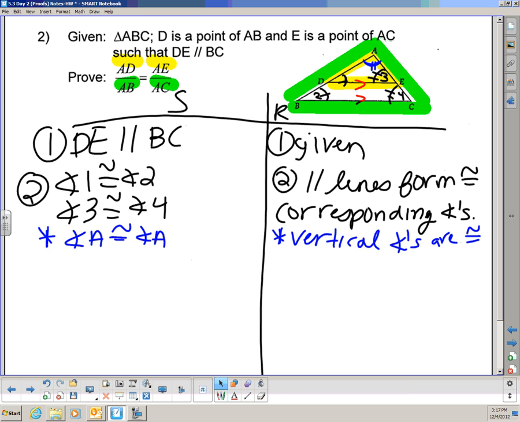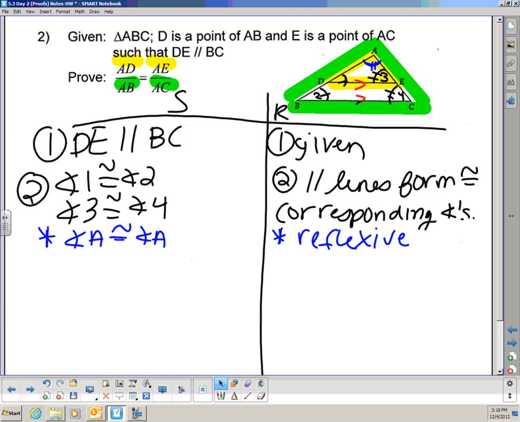Just another option. Most people probably go for two pairs of correspondings, and there's your AA. Scratch that. Hopefully you caught that that was a nice big mistake. This is not vertical angles are congruent. This is reflexive. Sorry about that.